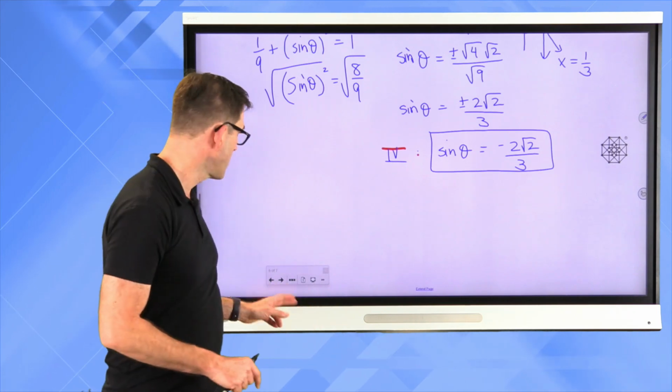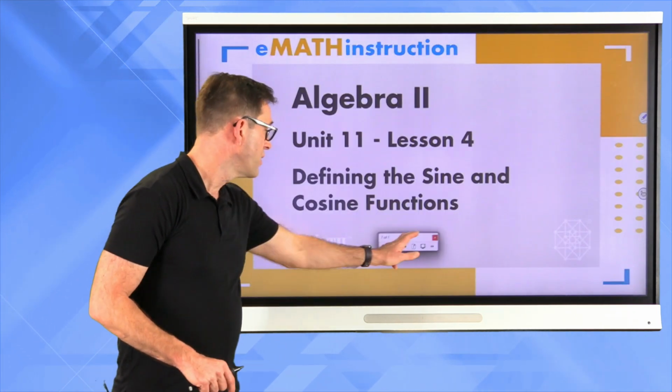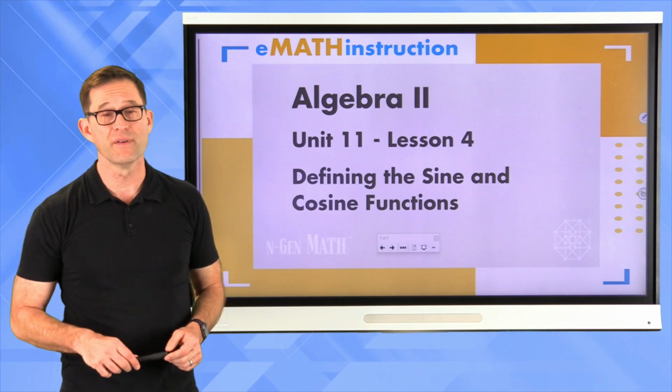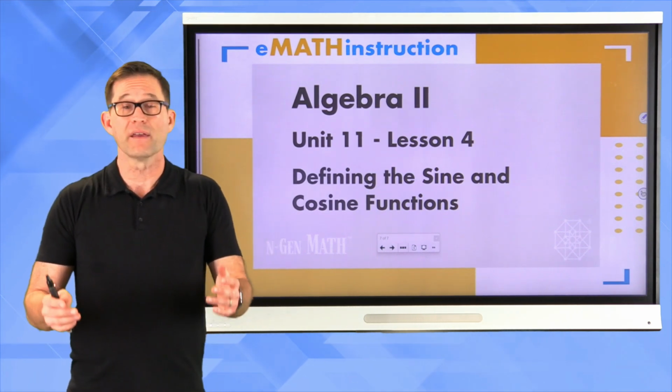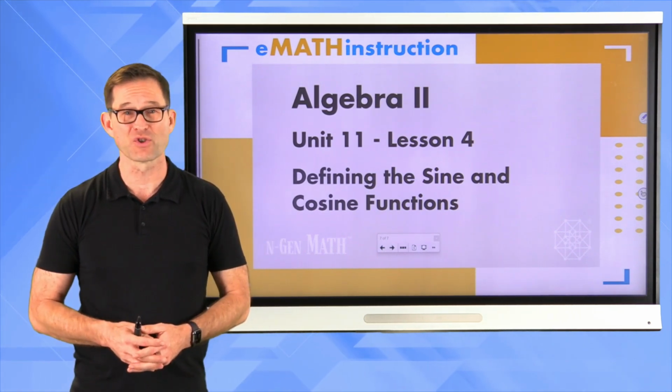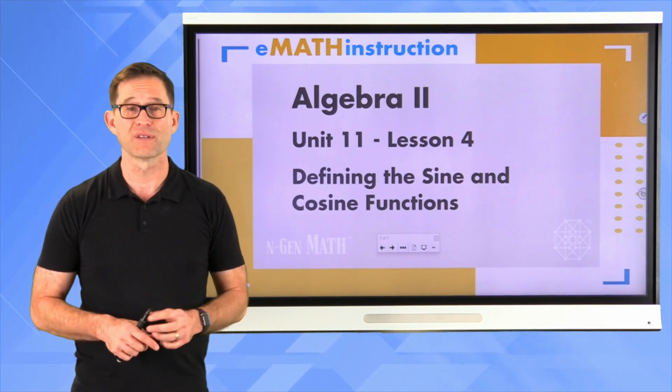Okay, let's wrap this thing up. Today was an exceptionally important day in this unit, all right? Because we finally actually saw some trigonometric functions, the sine function and the cosine function.